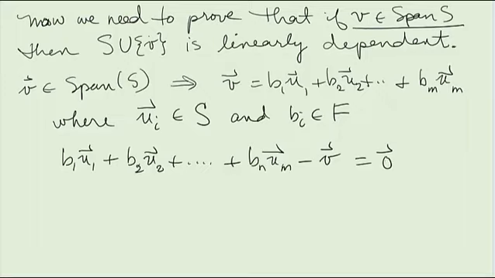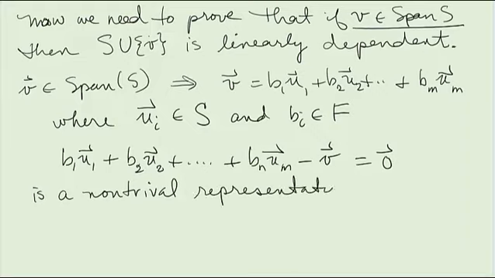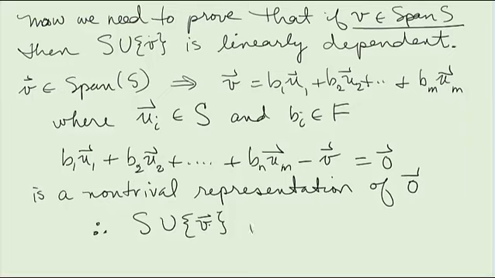So we have a linear combination, a non-trivial representation of the zero vector. Therefore, S union {v} is linearly dependent.